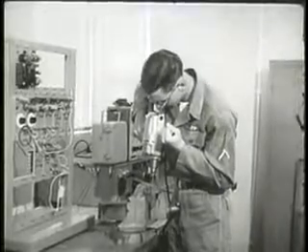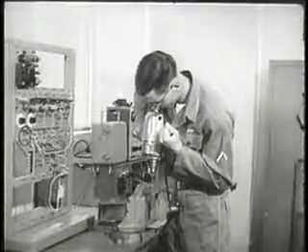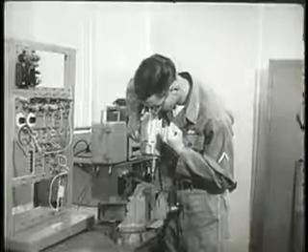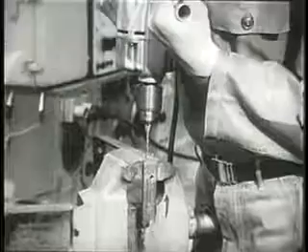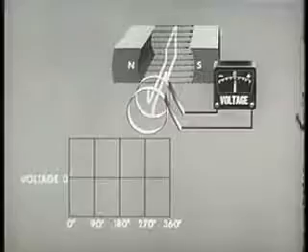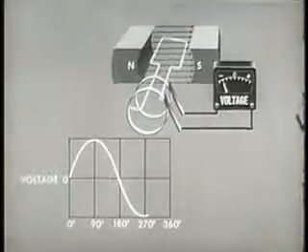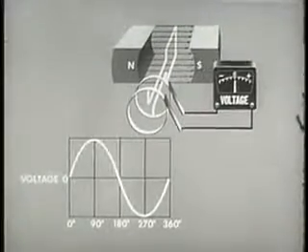Because AC has proven itself a versatile and practical type of power, many kinds of AC machinery are in use. To operate as a motor, an EMF must be generated in the conductor. We know that rotating a conductor through a magnetic field generates an EMF.